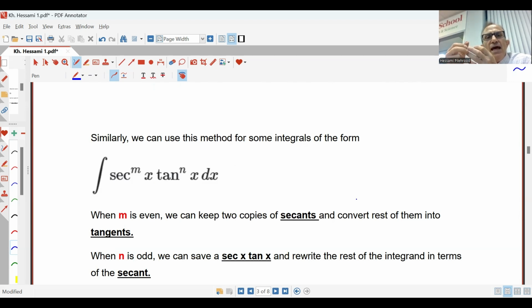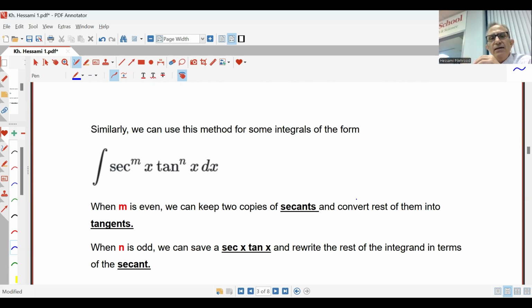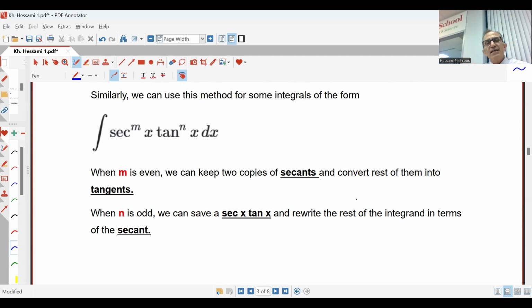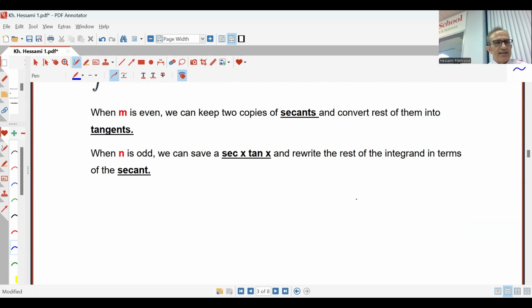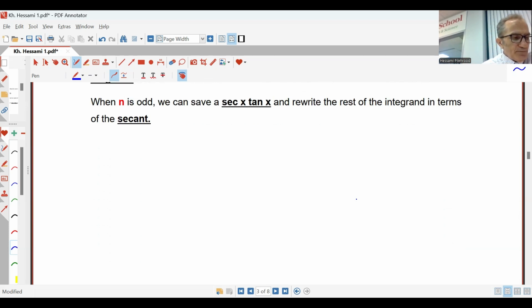If n is odd, we keep one copy of secant x tangent x, and the rest of the integrand we write in terms of secant x. For example, if we have the integral of secant to the 6x tangent to the 5x dx.